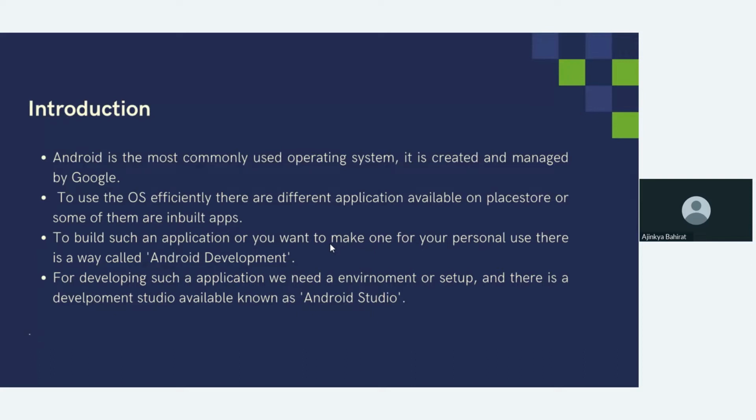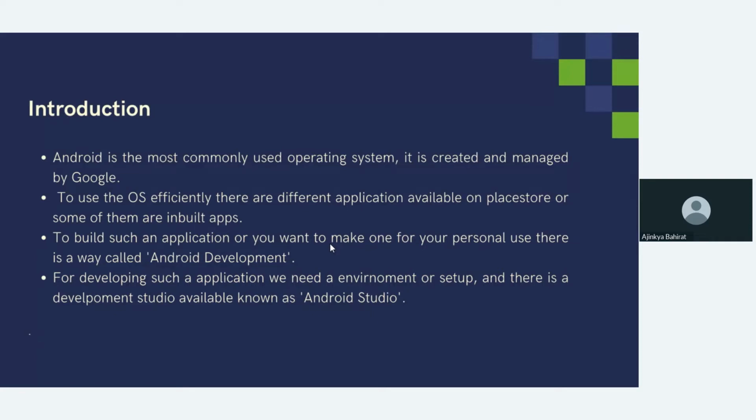Today we are going to talk about the overall features of Android, as well as what we can build and how we can build it. To build an application for personal use, or anything that can be done with the help of our smartphone, that is nothing but an Android app.